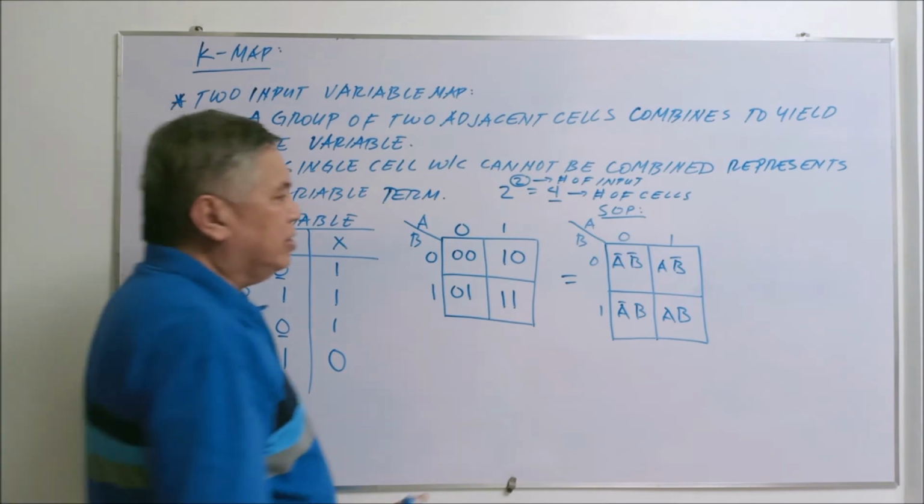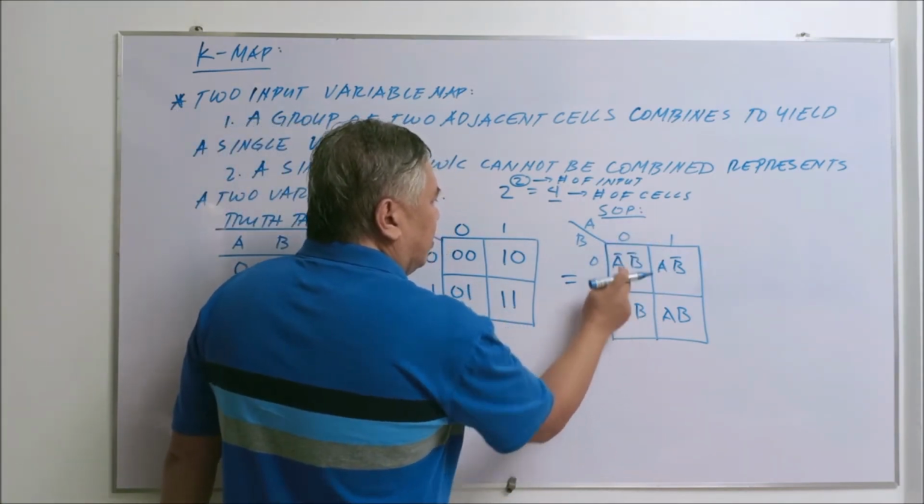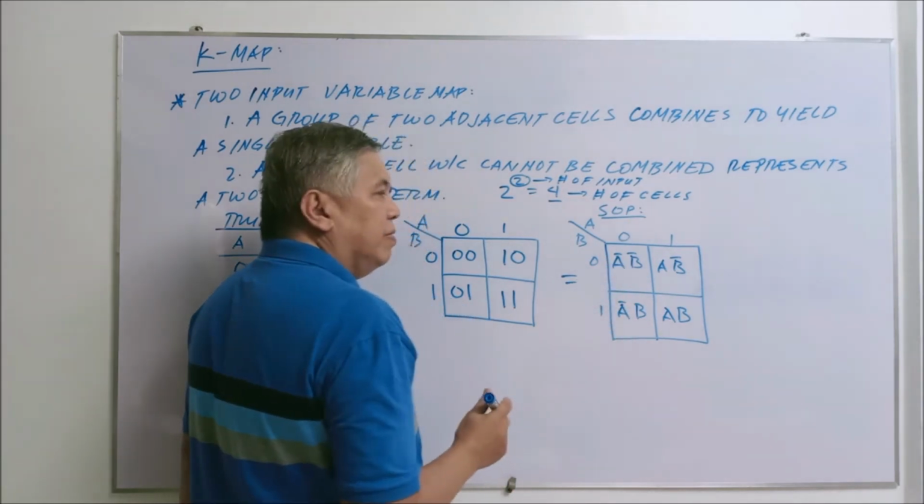If you notice, in this particular two cells here, the common variable is A bar.